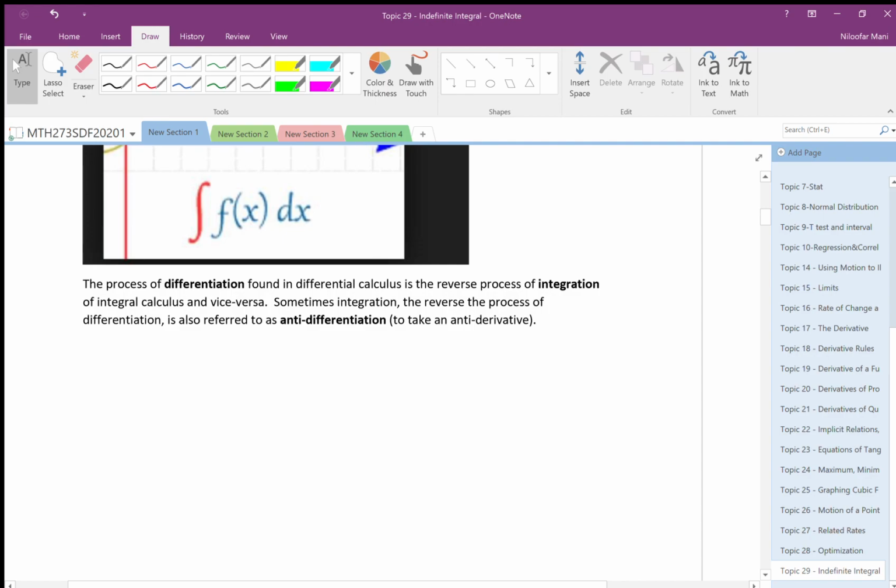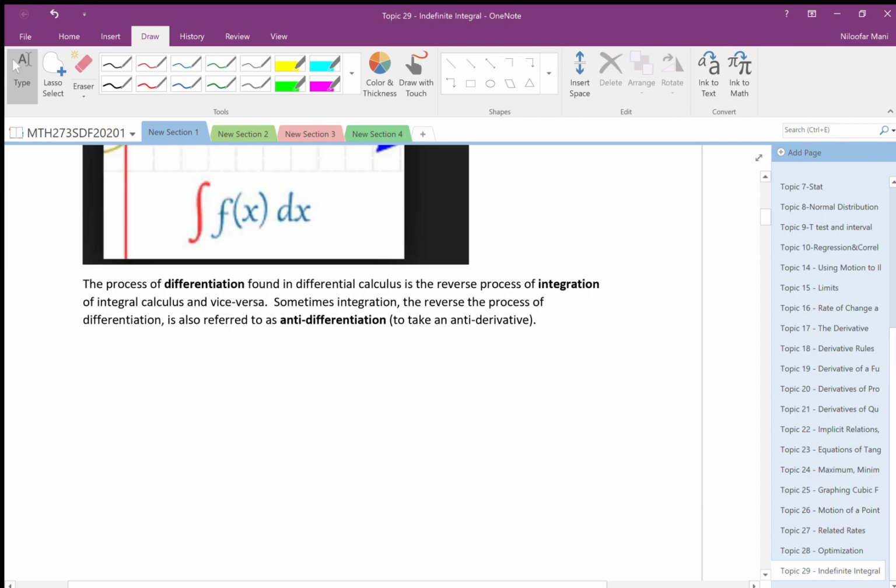Differentiation and integration are both opposite of each other. Sometimes instead of integral we say antiderivative. So derivative and antiderivative are reverse of each other. Right now we are going to do just the opposite.